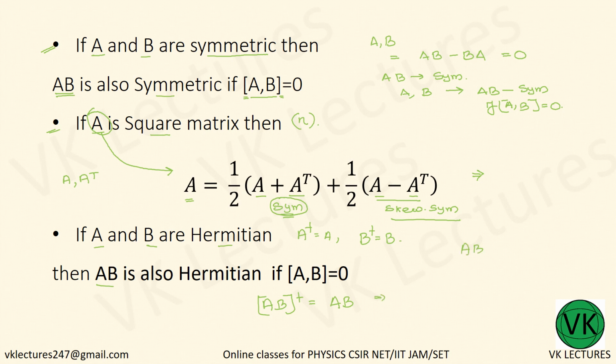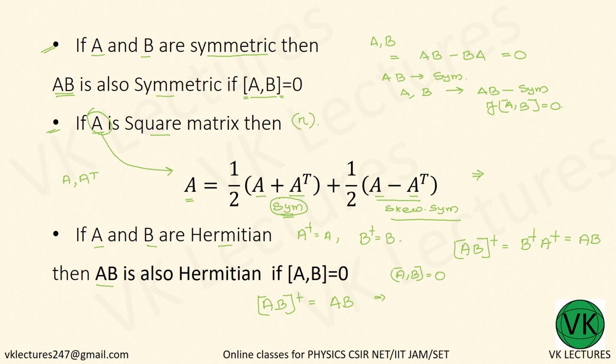AB whole dagger is equal to B dagger A dagger. It will get interchanged. So this is equal to AB only if A comma B equals 0.